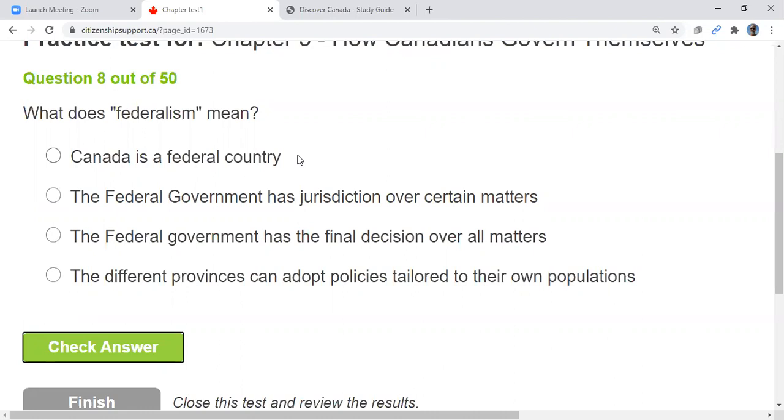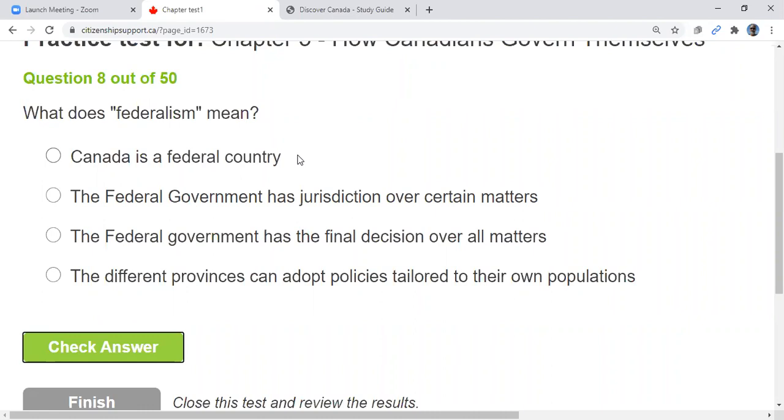Really? I think number 7. What do you think? This one, number 4. I don't know. I'll give you a hint, Mohammed. This is the only answer that doesn't have the word federal in it.